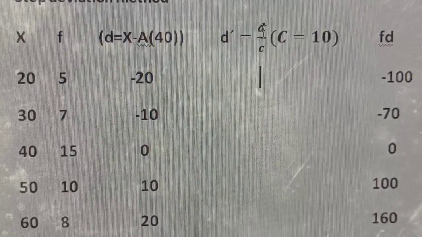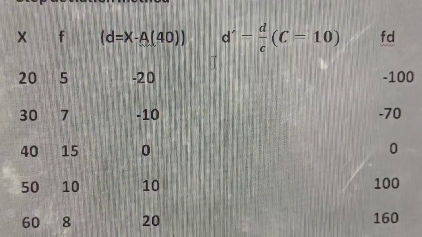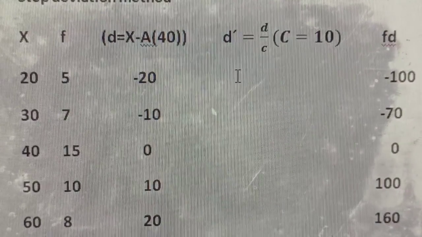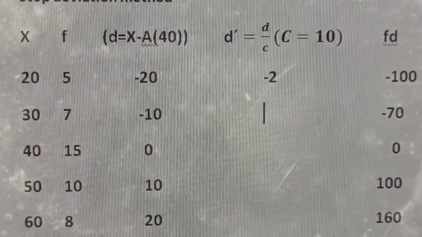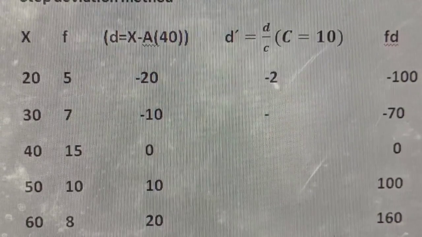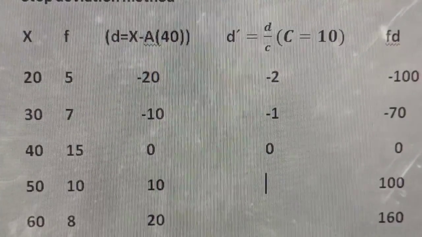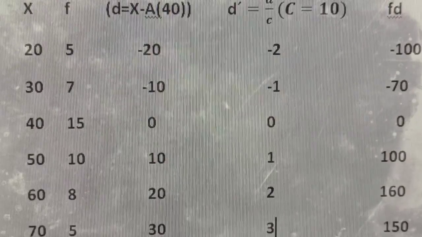So D dash equals to D by C. D here is minus 20, divided by 10, it becomes minus 2. Then minus 1, then 0, then 1, then 2, and then 3, correct?